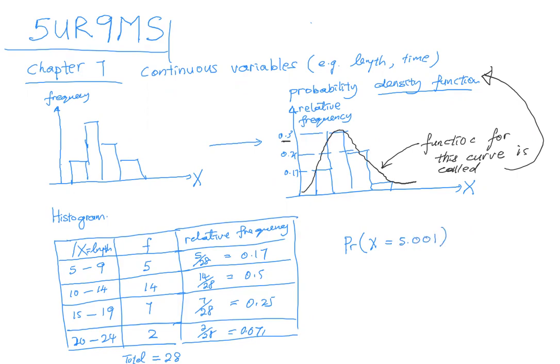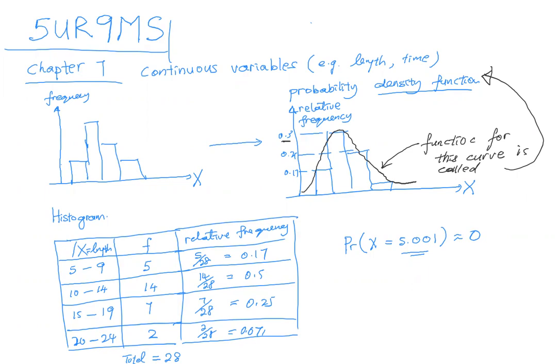The chance is almost equal to 0, correct? If you go and measure the length of a pencil, can you get a pencil of this exact length? The chance is very, very unlikely. So to find the probability of something happening, if I give you a probability density function, you must find the area bounded by the curve.